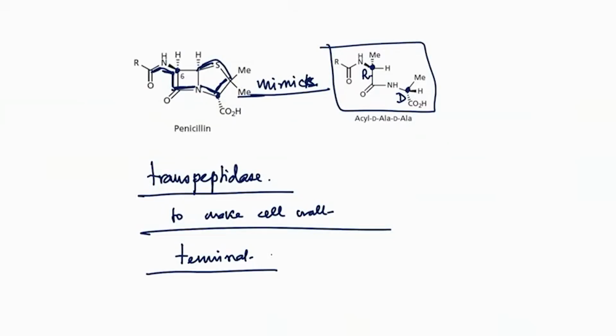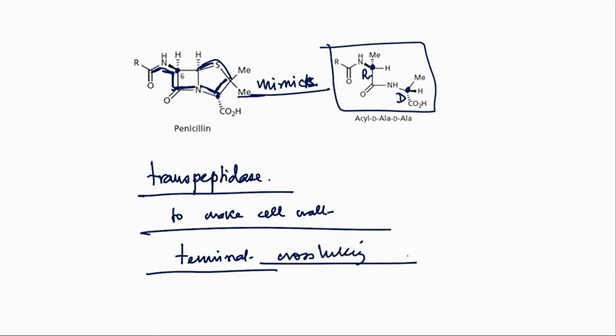It is like making immature mRNA, and then if you stop the splicing with the spliceosome, your mRNA will be ineffective. Similarly, it makes everything except the cross linking. So, the terminal cross linking is inhibited, and that is how penicillin works.